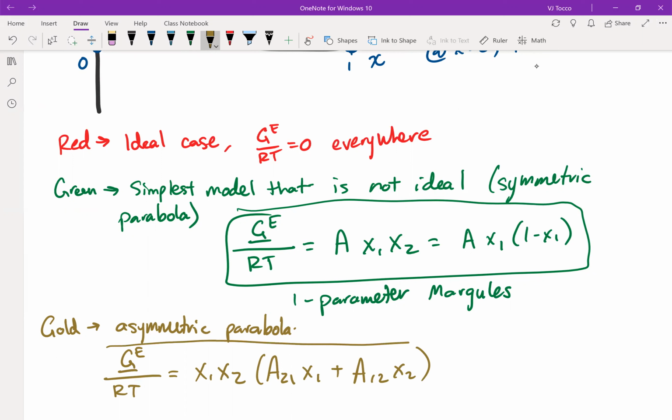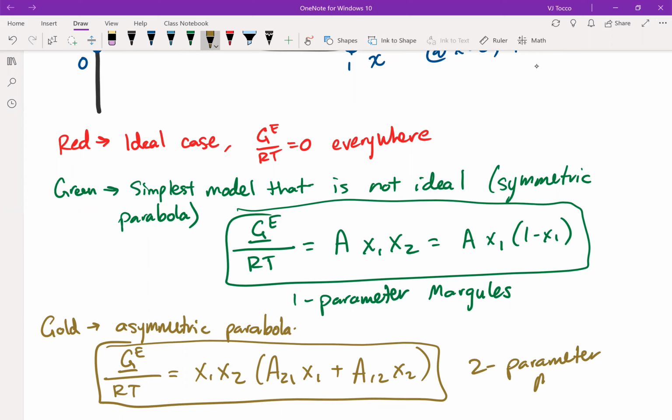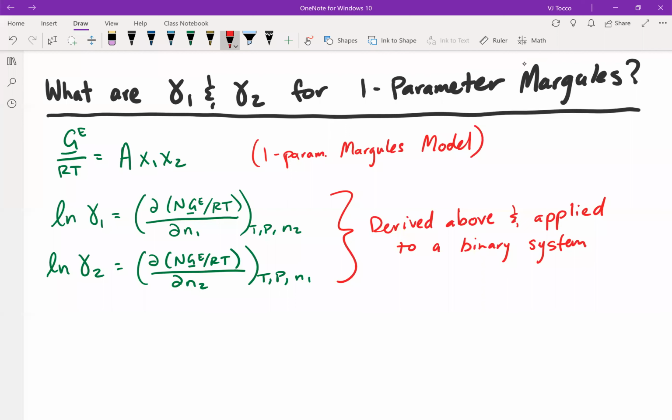So this is the 2 parameter Margules. So how do we get from these expressions to an actual model for an activity coefficient? On Monday, I told you how to calculate what the activity coefficients are from these models. I'll discuss that next.